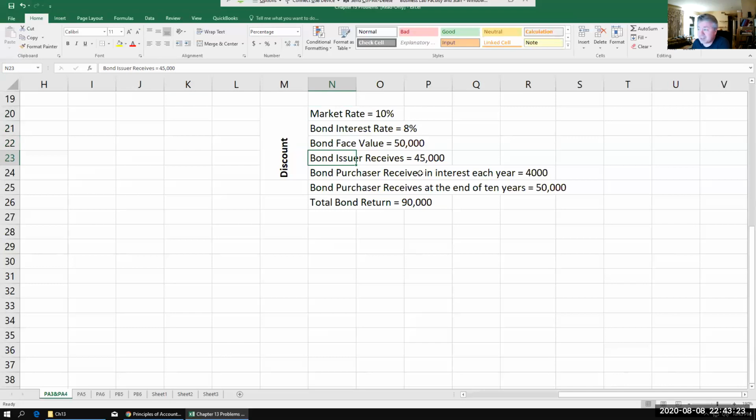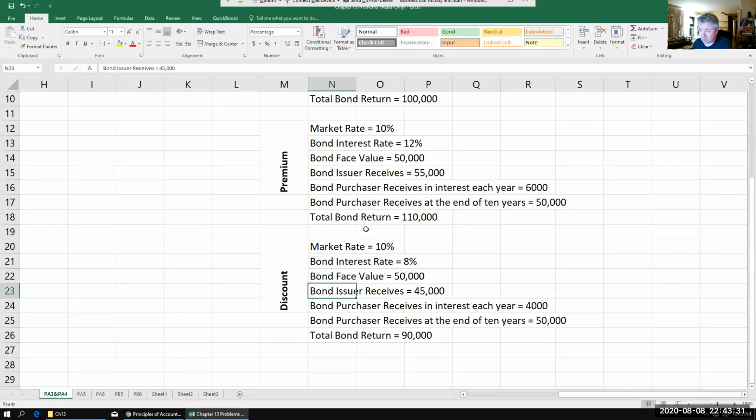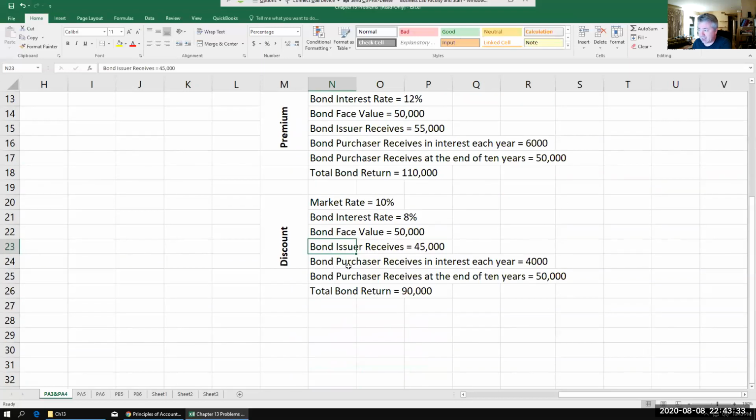And so what that means, of course, is that each year the investor will get less. Instead of getting $5,000 or $6,000, because we're 2% less, now they're only getting $4,000 per year instead of the market rate, which would be 10%.